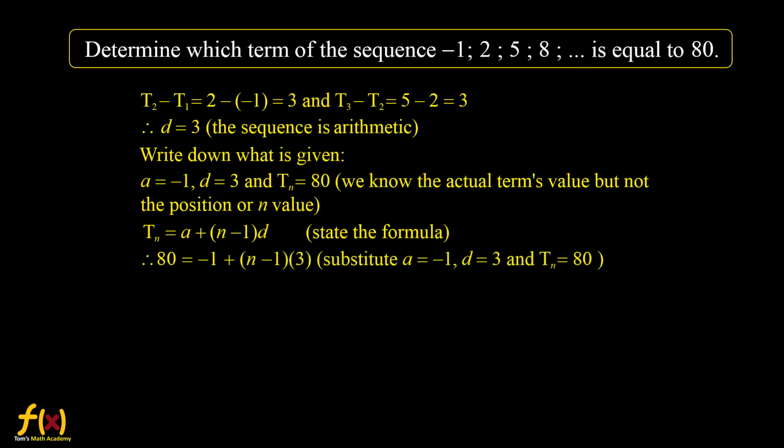Tn is 80, a is minus 1, d is 3. We substitute and solve for n. So we do it very carefully, don't rush. n is equal to 28. So which term? T28 is 80.